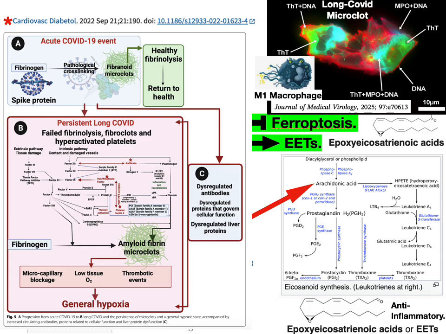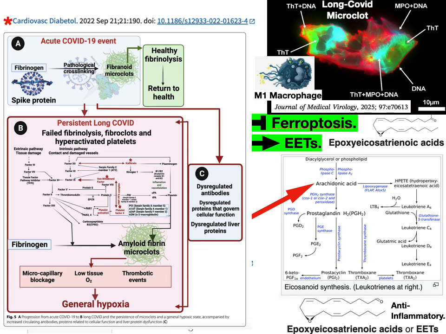In parallel, there are additional pathologies listed in panel C: dysregulated antibodies, dysregulated proteins that govern cellular function, and dysregulated liver proteins. Focusing now on dysregulated proteins that govern cellular behavior, one of the key cell types that will be impacted by microclots and the hypoxia they are producing are macrophages.